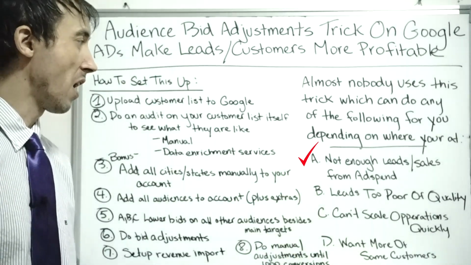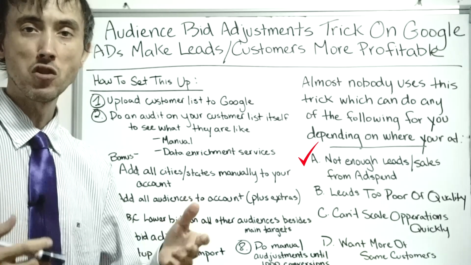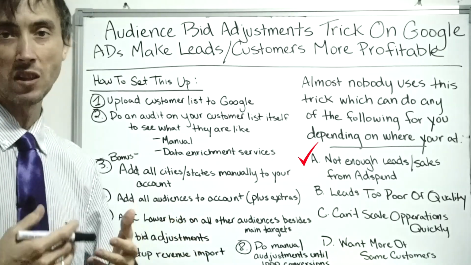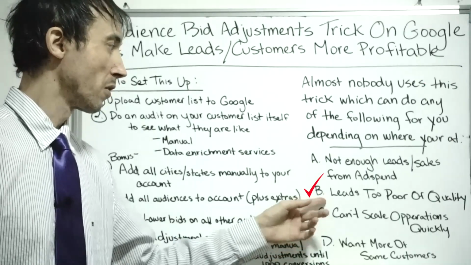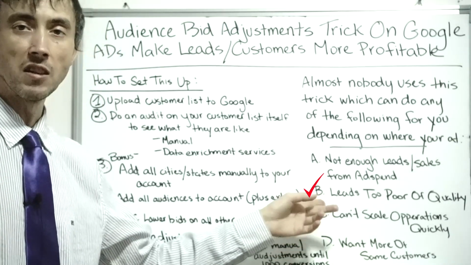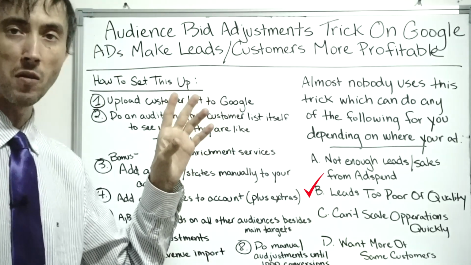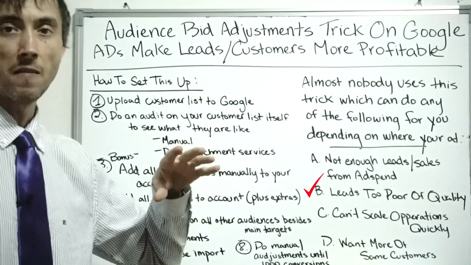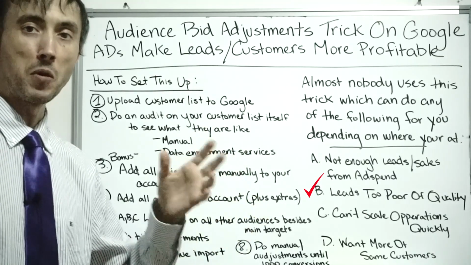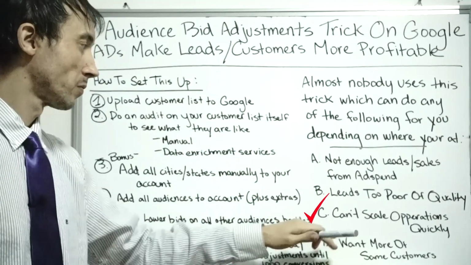If the leads you're getting now, assuming you're generating leads versus doing e-commerce, are too poor of quality, this will make the lead quality much better, so that the leads that you're getting will be worth what you're paying to get them.